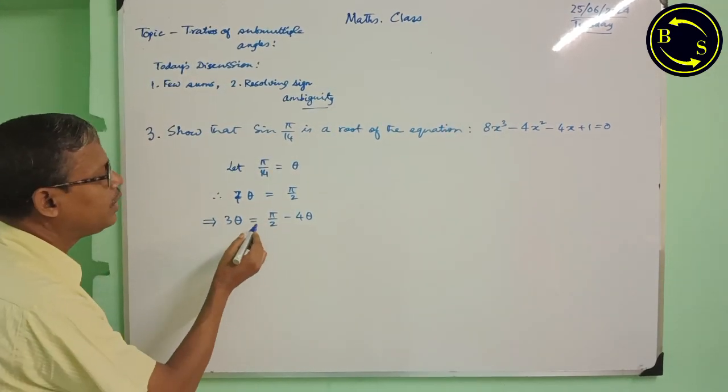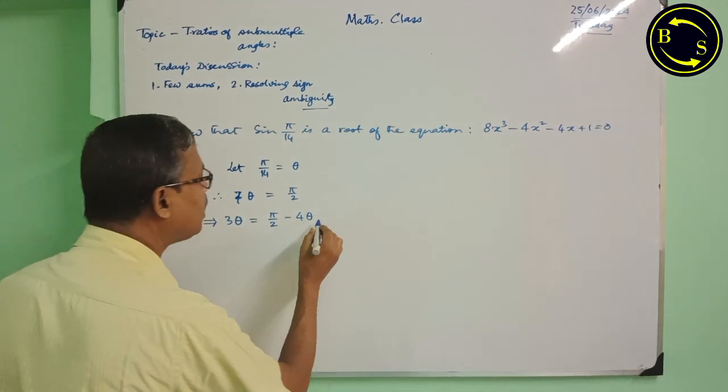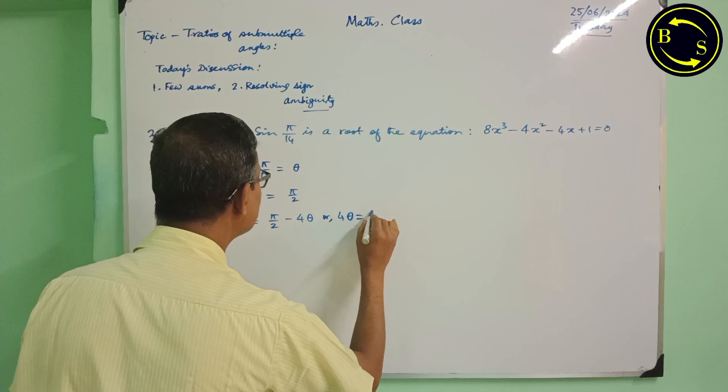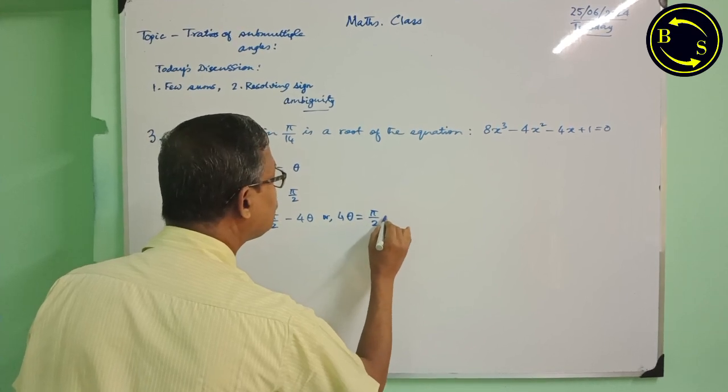Therefore 3 theta is equal to pi by 2 minus 4 theta, or 4 theta can be expressed as pi by 2 minus 3 theta.